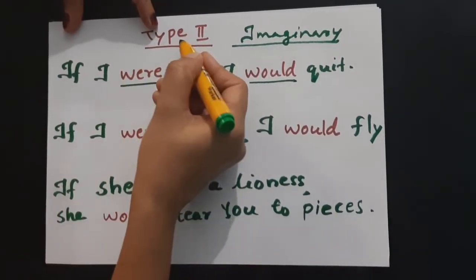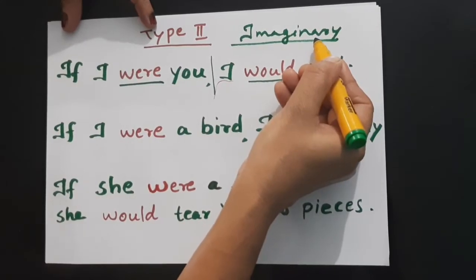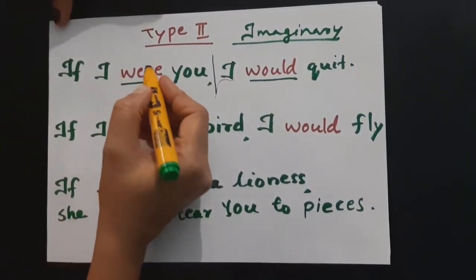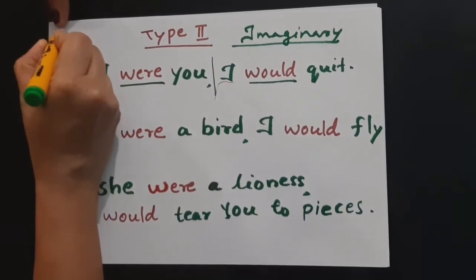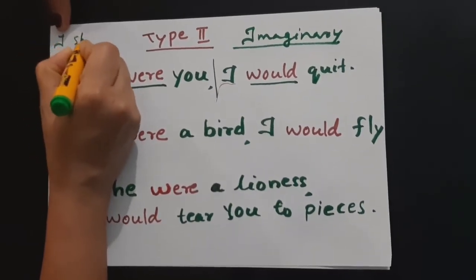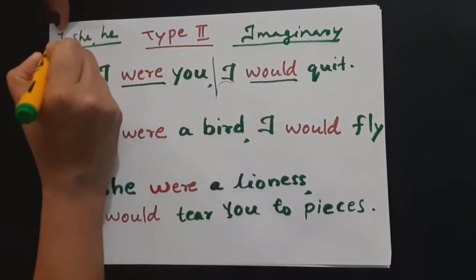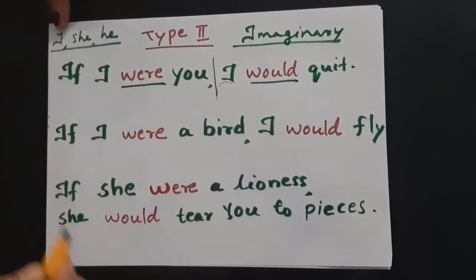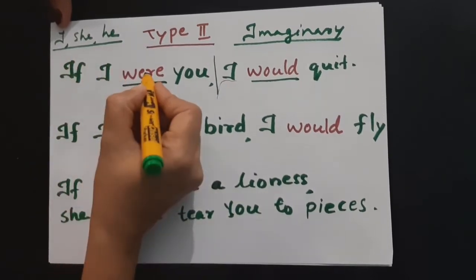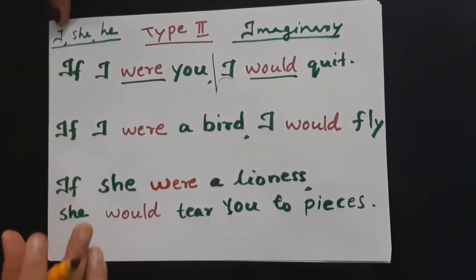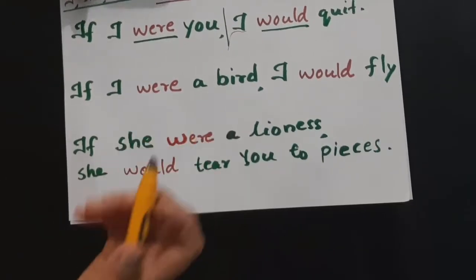In type 2, if it is an imaginary clause, you can use were along with the subjects I, she and he. With all these three subjects, you can use were instead of was. Okay, come to the next examples.